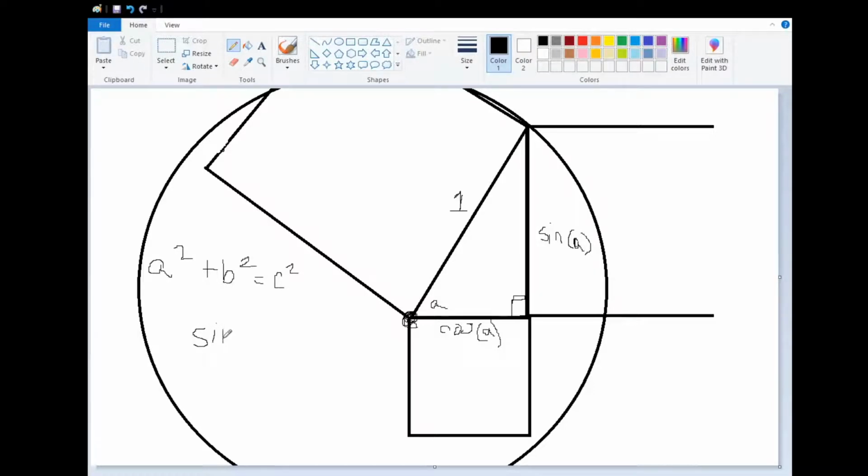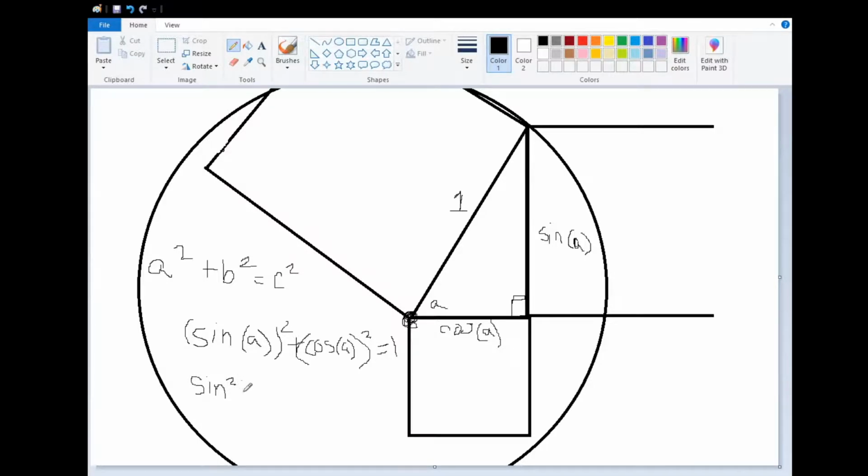So we can say sine of A squared plus cosine of A squared equals 1. And this is a very powerful identity. This is what's called the Pythagorean identity for trigonometry. Sometimes you'll see it written this way, and sometimes you'll see it written this way.